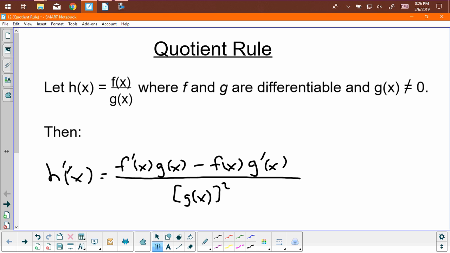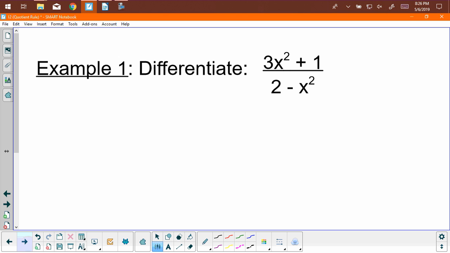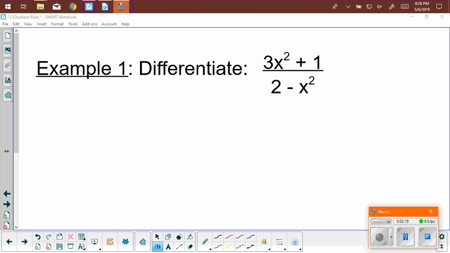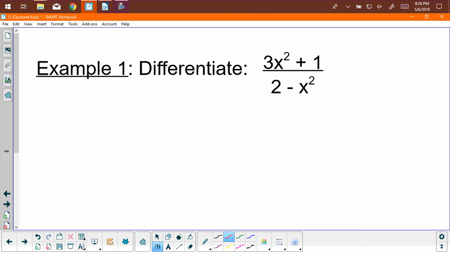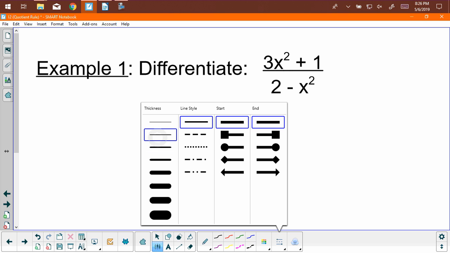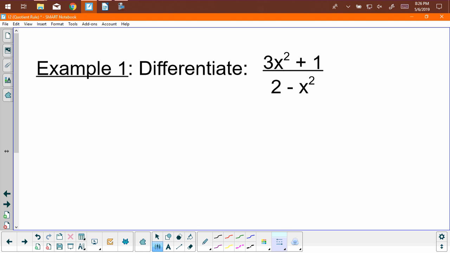We're just going to run through a couple examples, and that'll be pretty much it. So here's the first one. Here we're going to differentiate 3x squared plus 1 over 2 minus x squared. Again, it's just following the pattern here. So h prime of x equals, I start with my numerator.